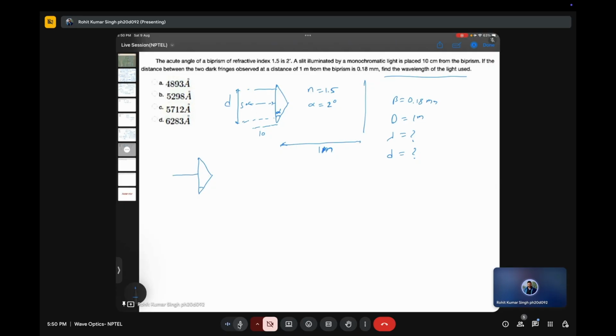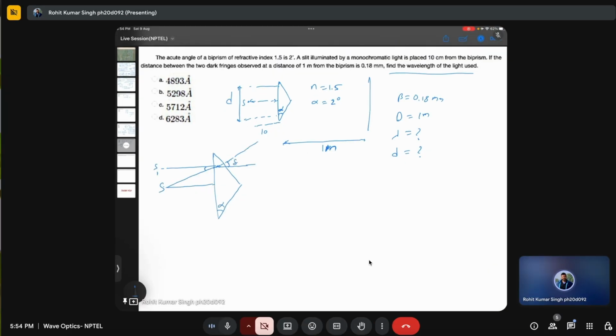So you have a triangle, this angle is given, and this is a distance, let's call it L. Yeah, this is L, and the refractive index is given, 1.5.